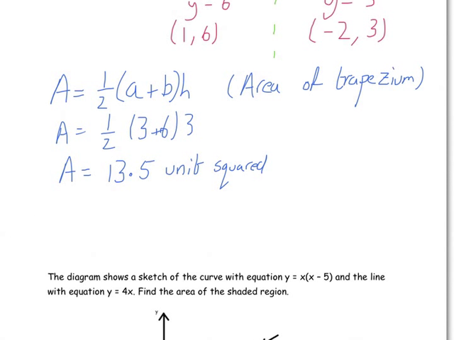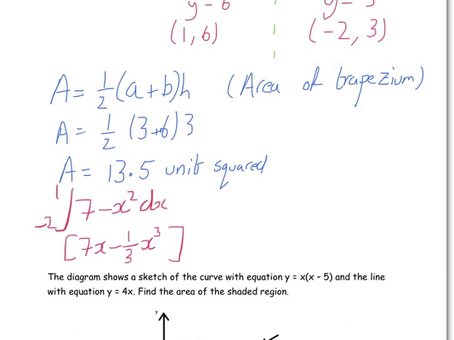So we're integrating between 1 and minus 2 of 7 minus x squared dx, which leaves us with 7x minus a third x cubed between 1 and minus 2. And that is going to find us the area for the section underneath the curve.